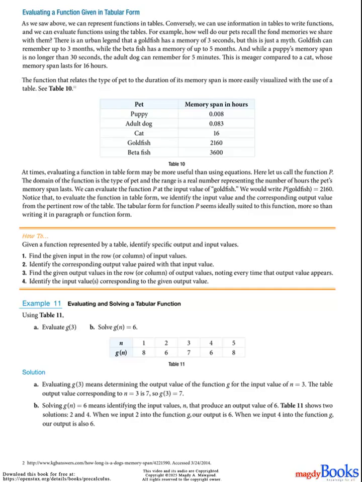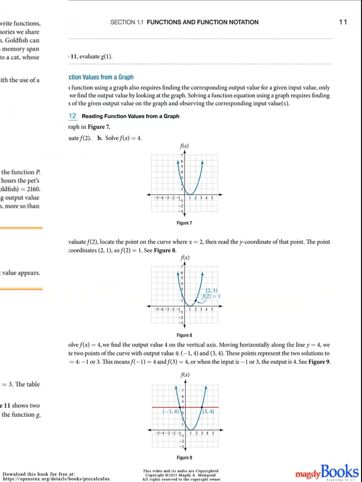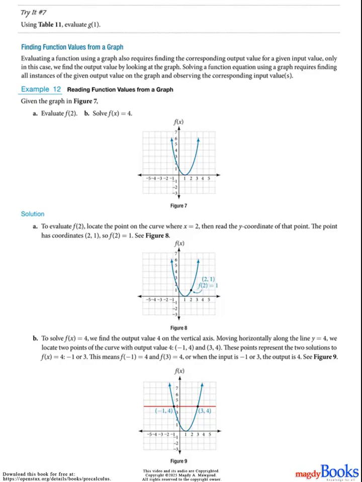Table 11 shows two solutions, 2 and 4. When we input 2 into the function g, our output is 6. When we input 4 into the function g, our output is also 6. Try it number 7. Using Table 11, evaluate g of 1.